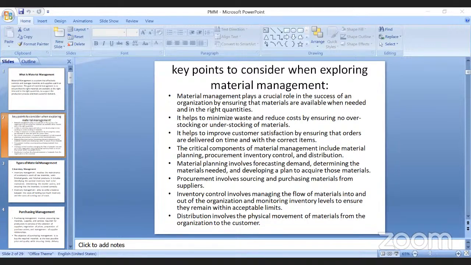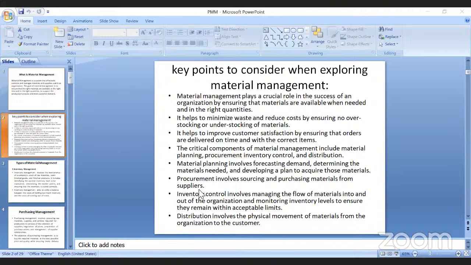Okay. Yes, did you get your answer or not? First of all, we have to check whether you are talking about overstocking or understocking. Yes. Actually, we are discussing the management of the material.